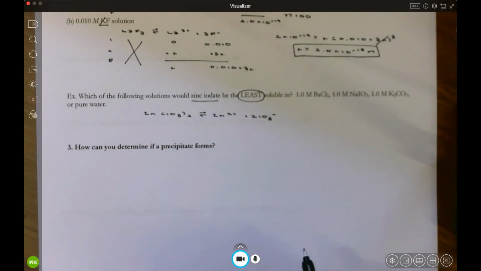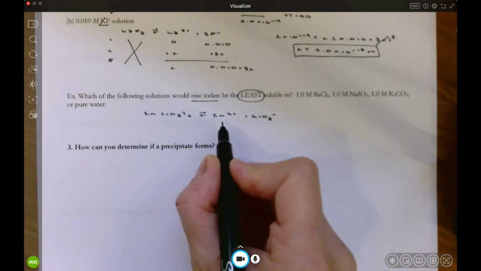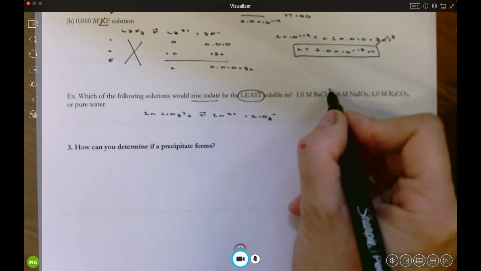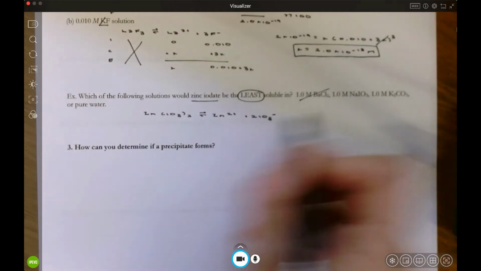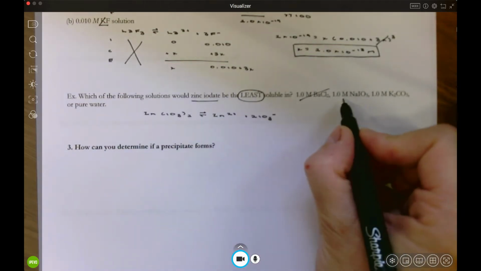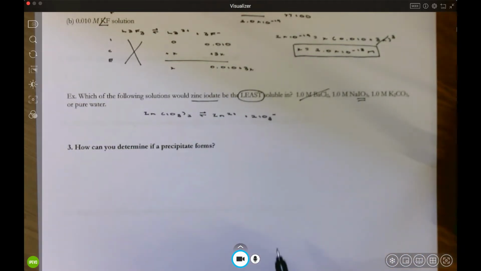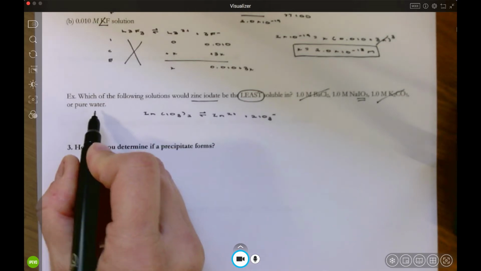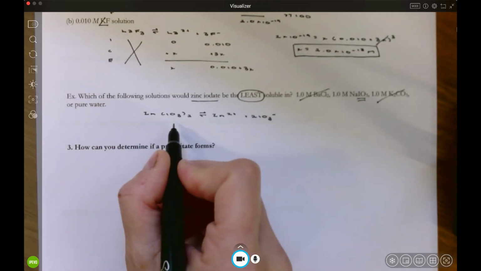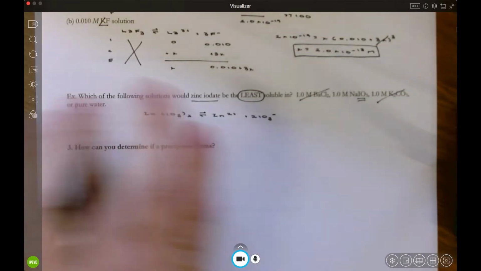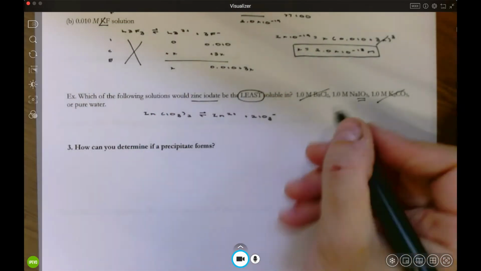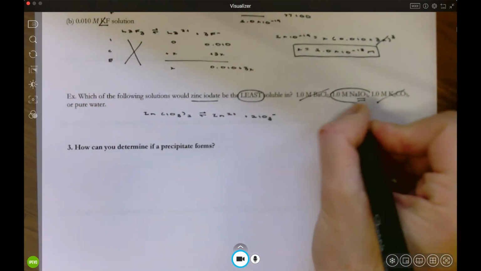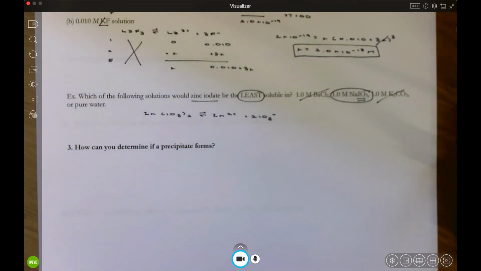Barium and chloride are not present, so that doesn't work. Sodium and iodate: sodium's not here, but iodate is, so that would be a common ion. Potassium and carbonate, neither of those is present. And then pure water would actually cause more to dissolve, so that would be more soluble. So sodium iodate would be your answer because it contributes a common ion, which is iodate.